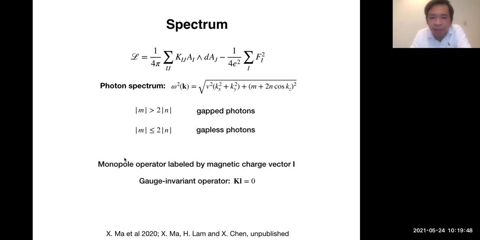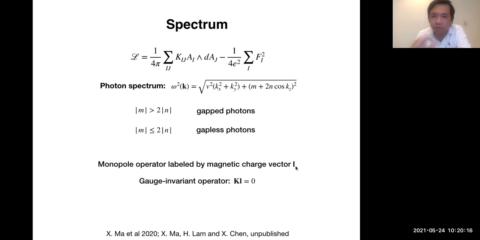Okay. And with U(1) gauge theory, we can always ask about what the monopole operators are, and these are labeled by a magnetic charge vector, L, which just tells you the flux of this monopole under each of these gauge fields. Okay, and you get a gauge invariant monopole operator only when this magnetic charge vector, which is an integer vector, is a zero mode of this K-matrix.